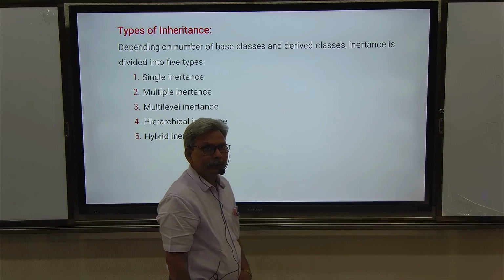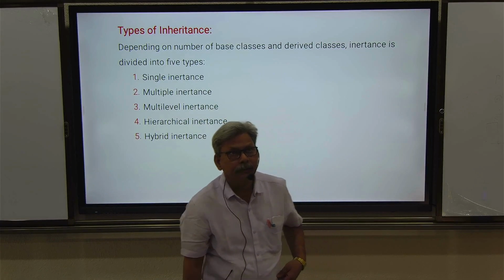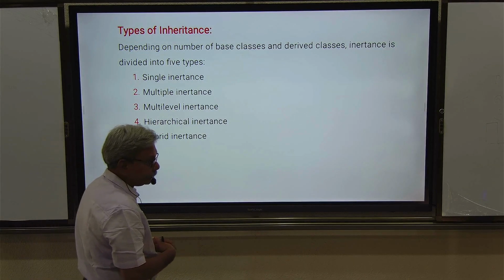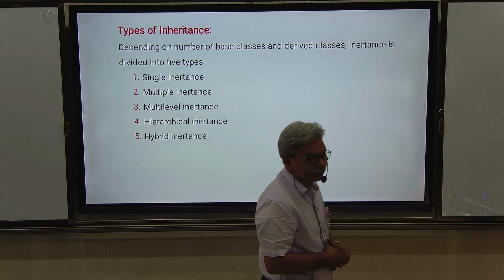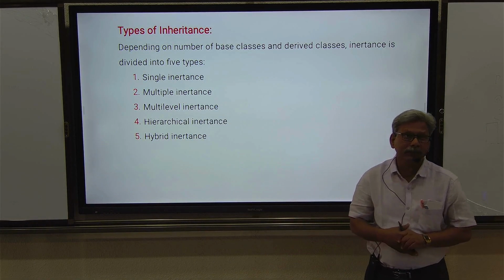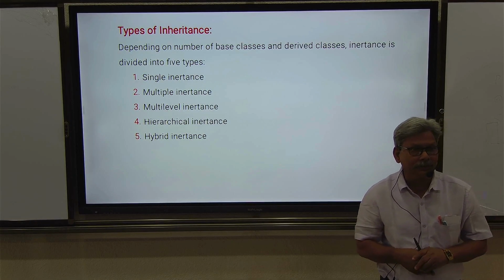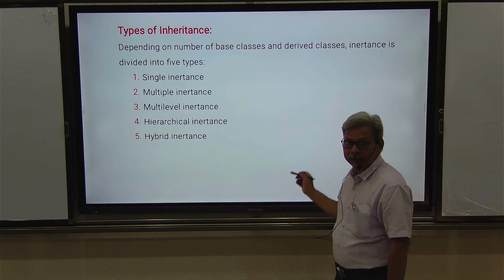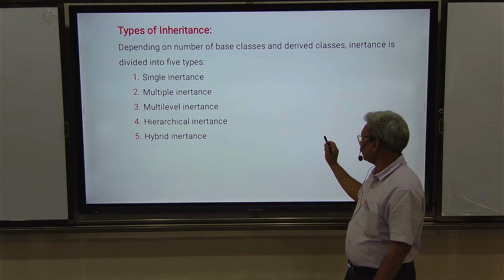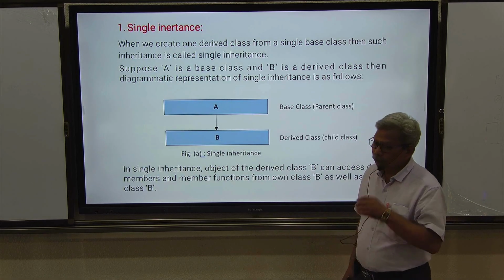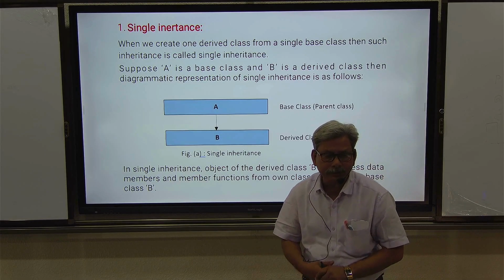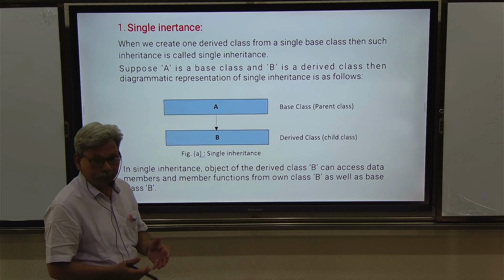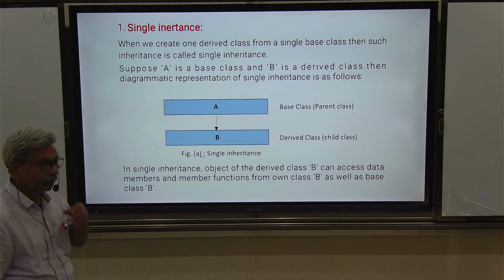So, another topic, that is, types of inheritance. There are five types of inheritance: single inheritance, multiple inheritance, multi-level inheritance, hierarchical inheritance, and lastly hybrid inheritance. Let us see one by one. Single inheritance is nothing but when we create a single derived class from a single base class.